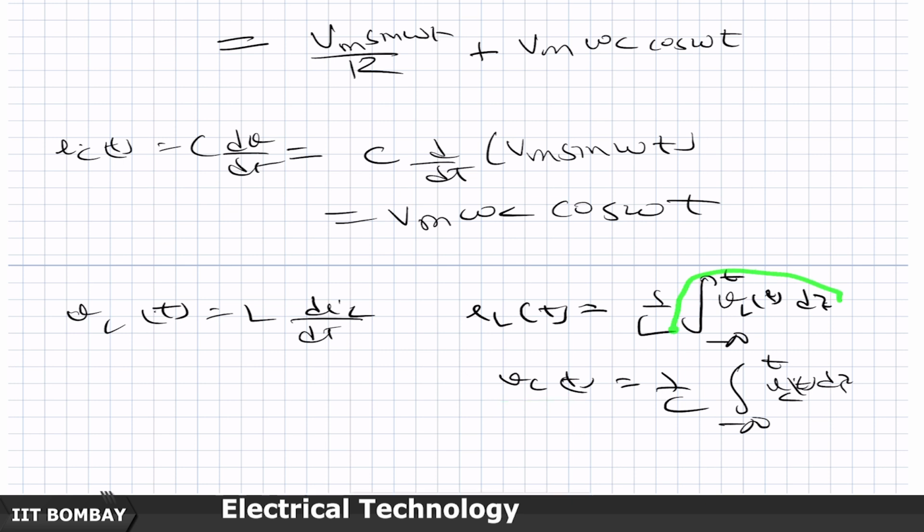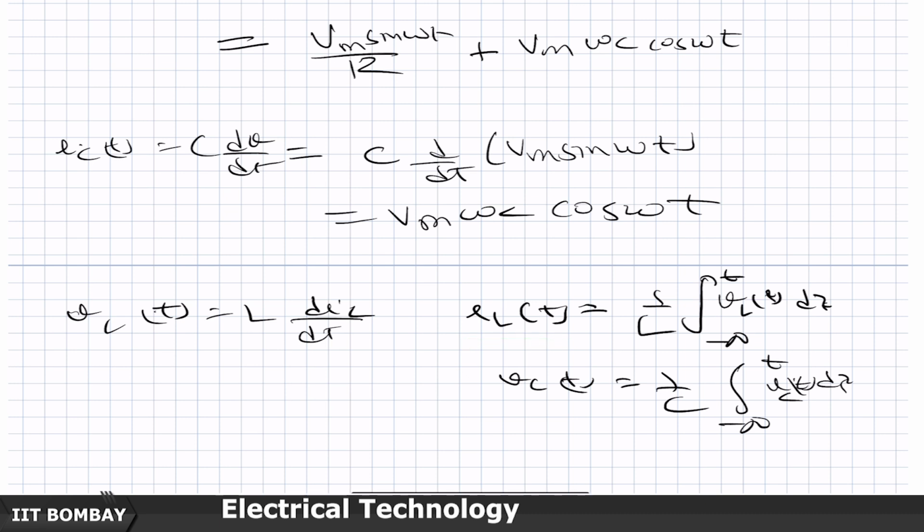Similarly here, this is the net flux linkage which has accumulated from minus infinity to t, and flux is equal to L times i. So that divided by the inductance gives me the inductive current.